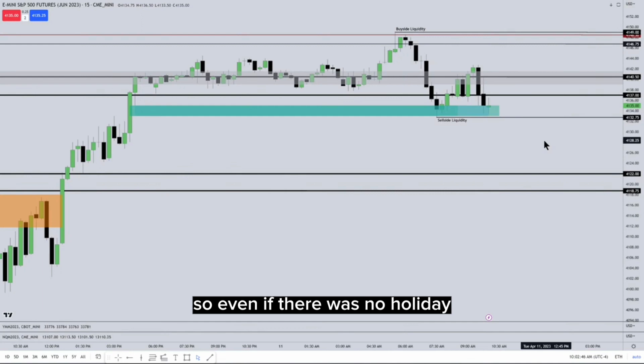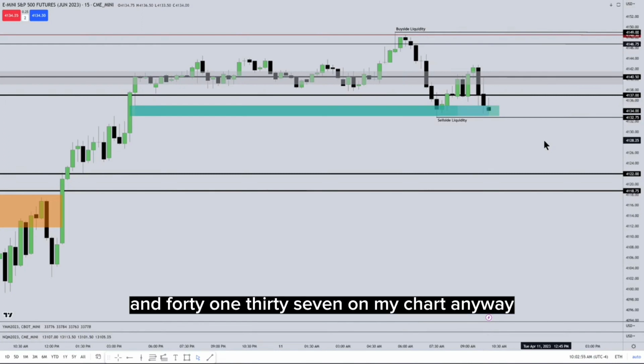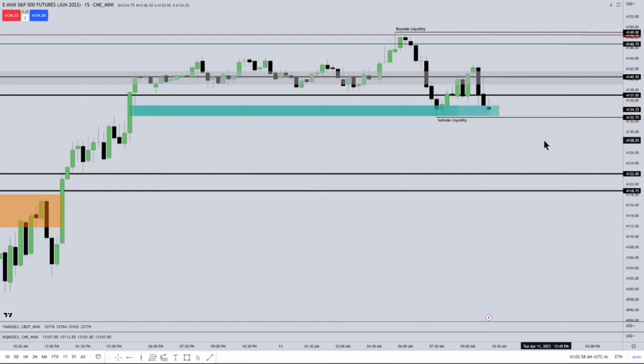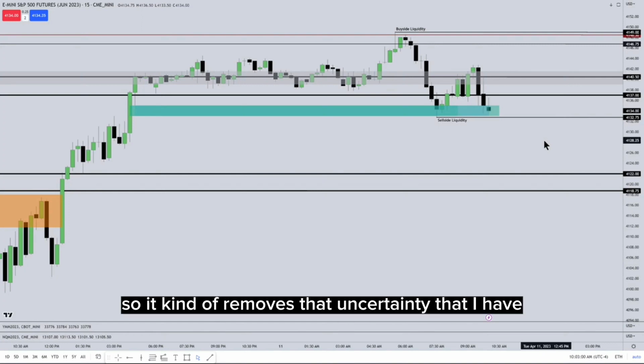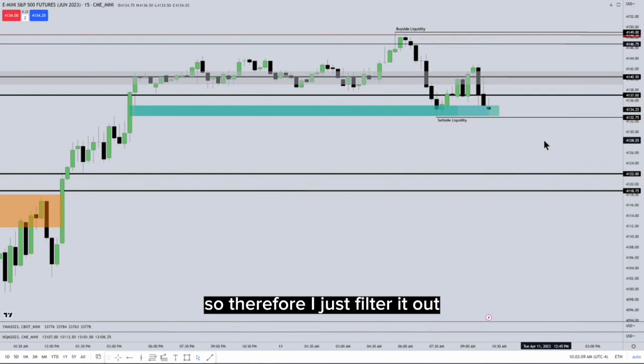Even if there was no holiday that impacted Friday's trading and it was a normal Friday, I would still have that 4140 and a half and 4137 on my chart anyway. So it removes that uncertainty that I have unfortunately adopted over the years where there has been impact on this particular holiday. So therefore I just filter it out.